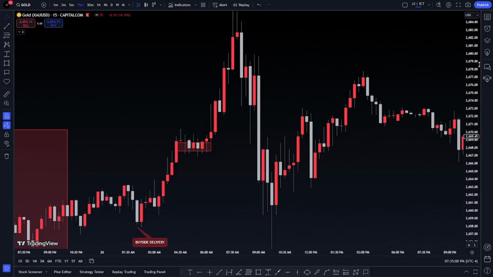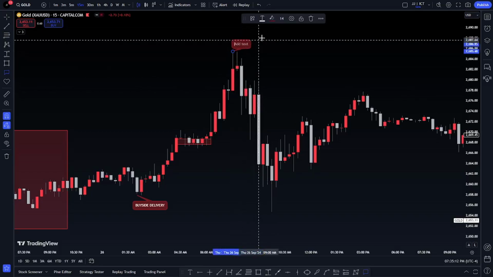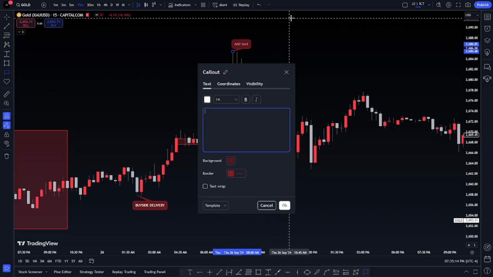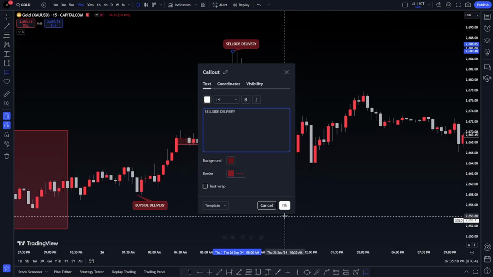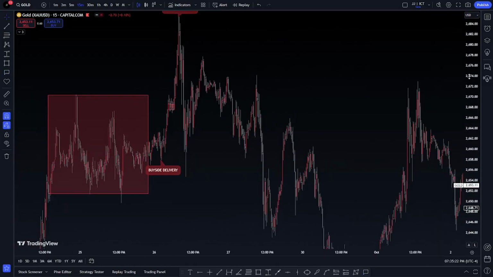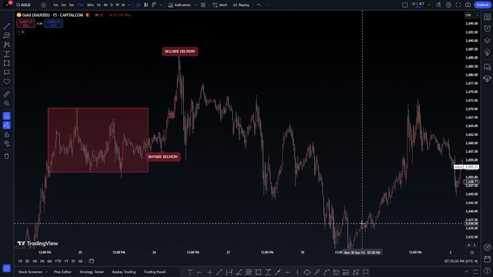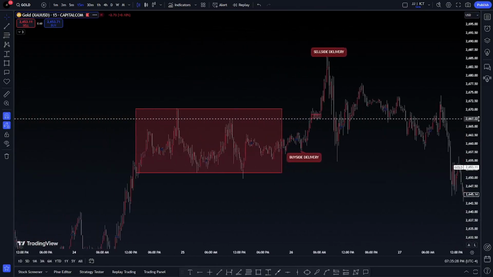And then sell side delivery begins here. Why does it begin there? What is the purpose? Clearly we can see it in hindsight because this was literally the highest high created before the sell side delivery. But look here.